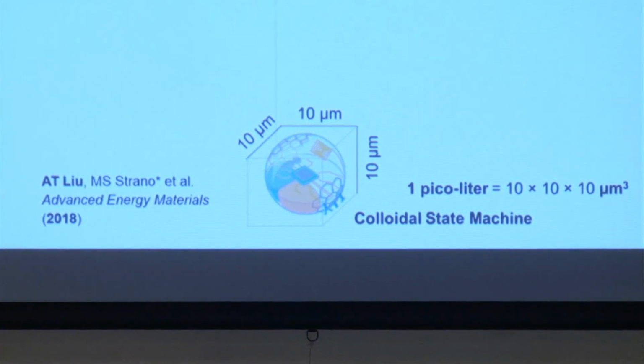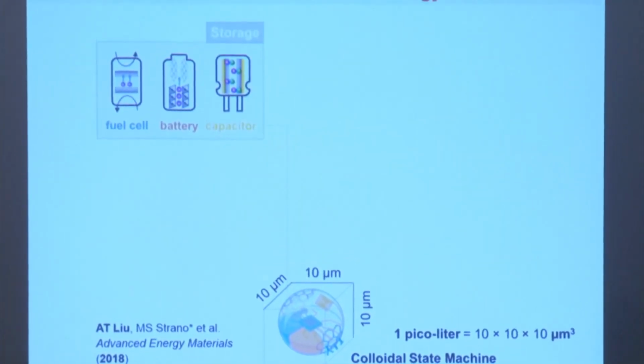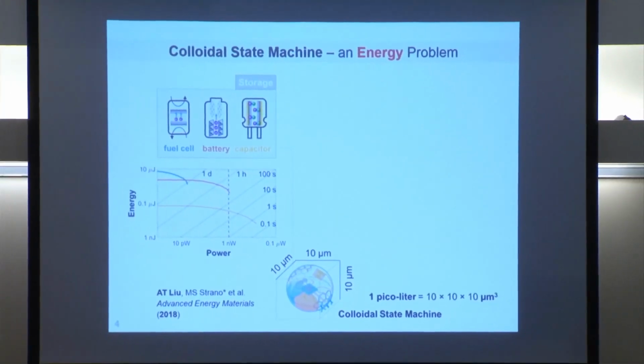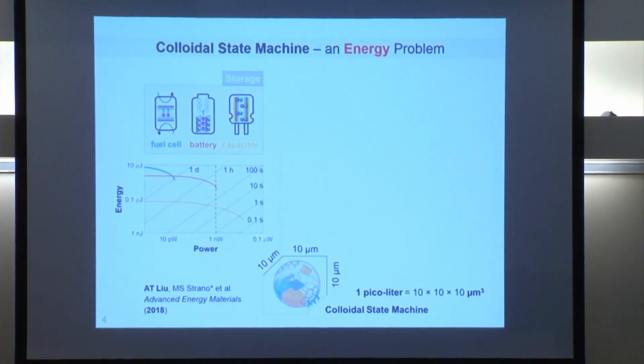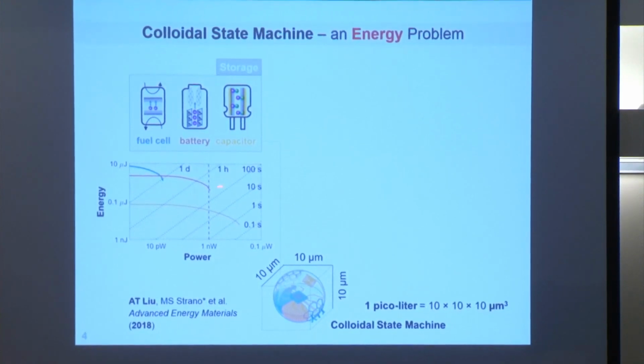You can think about storage ideas, like a lithium-ion battery or supercapacitor. If you do some back-of-the-envelope calculation, you can quickly see that even with the best lithium-ion battery today, you can probably power the system at best for about a couple hundred seconds with a picoliter of volume at 1 nanowatt.